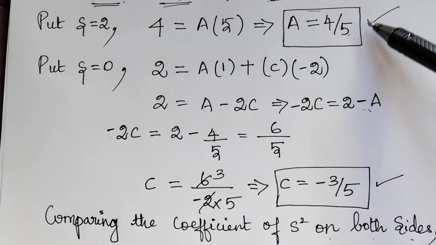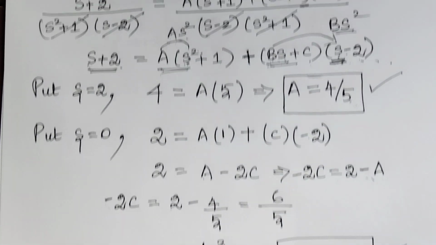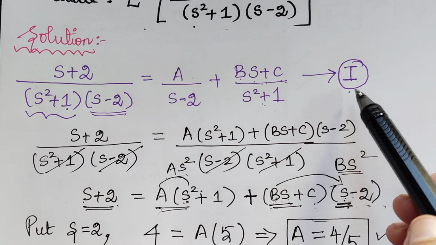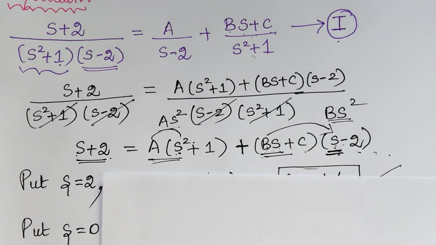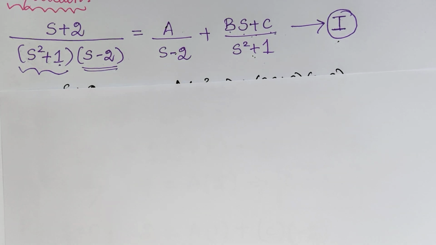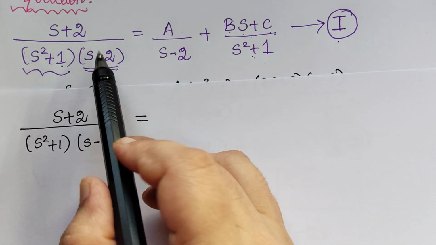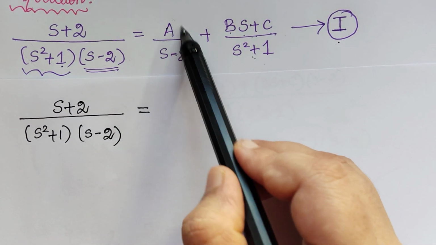So now we have the value of a, b and c as well. So we can substitute these three values in equation 1. So on substituting, the left hand side remains as it is. So we will write the left hand side first. So I have written the left hand side as it is. Now we have to substitute the value of a over here.